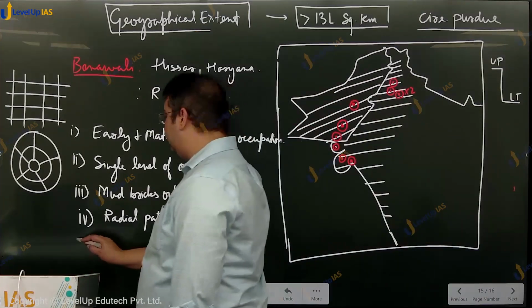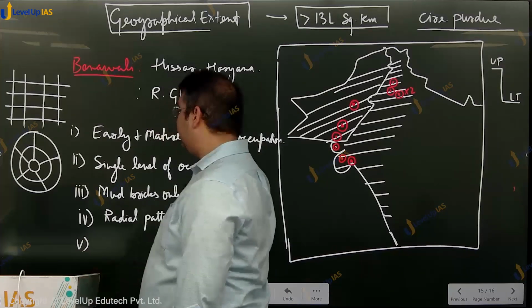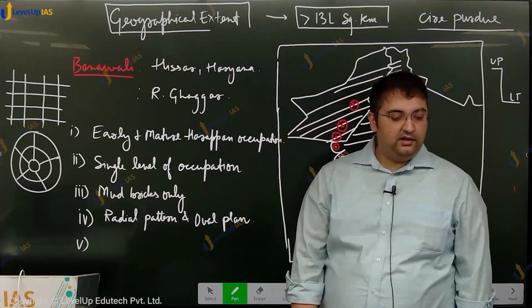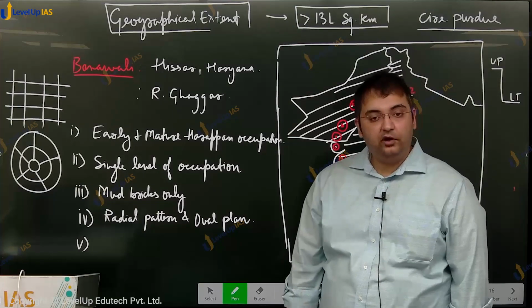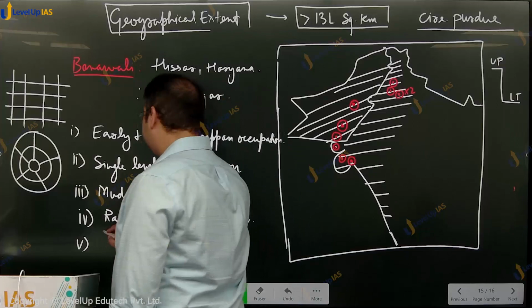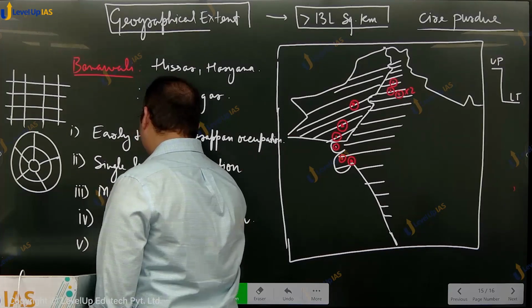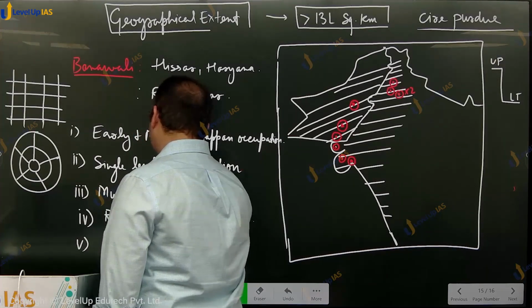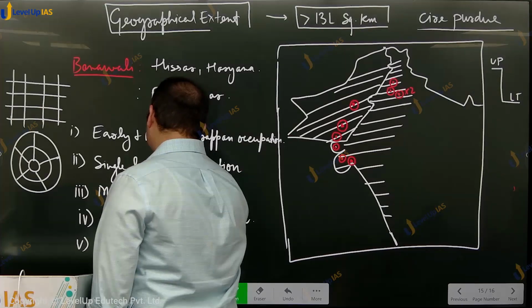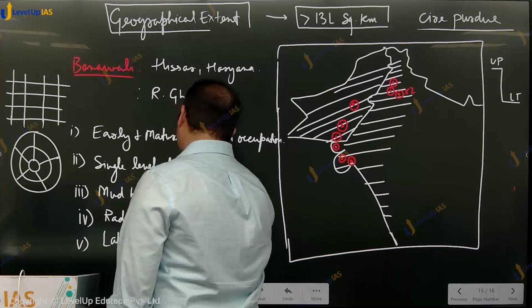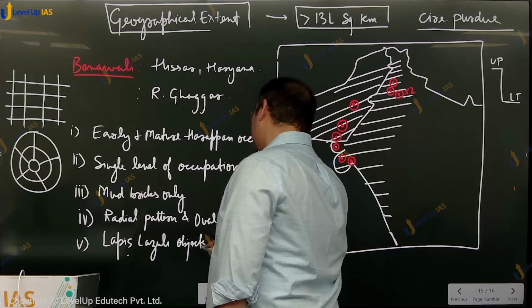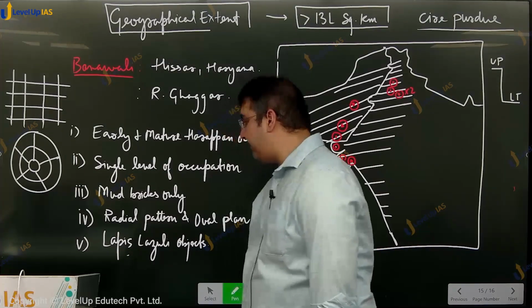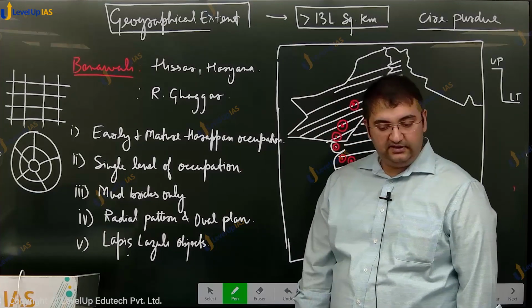And finally, from here, we have found a large hoard of certain extremely valuable objects made out of lapis lazuli. Indicating that this was probably a factory site for lapis lazuli.